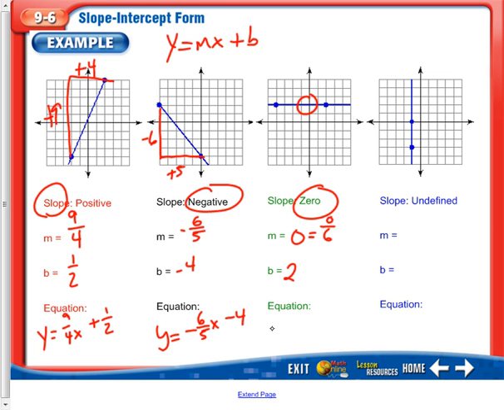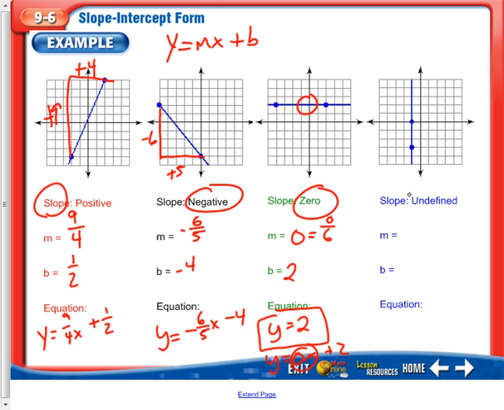Your equation is going to be y equals 2. You could say y equals 0 times x plus 2, but what's the point of writing that when it's going to be 0 anyway? Just y equals 2 is the correct way to write this type of equation. It means that y is always 2. X is going to change throughout, but y is always 2.